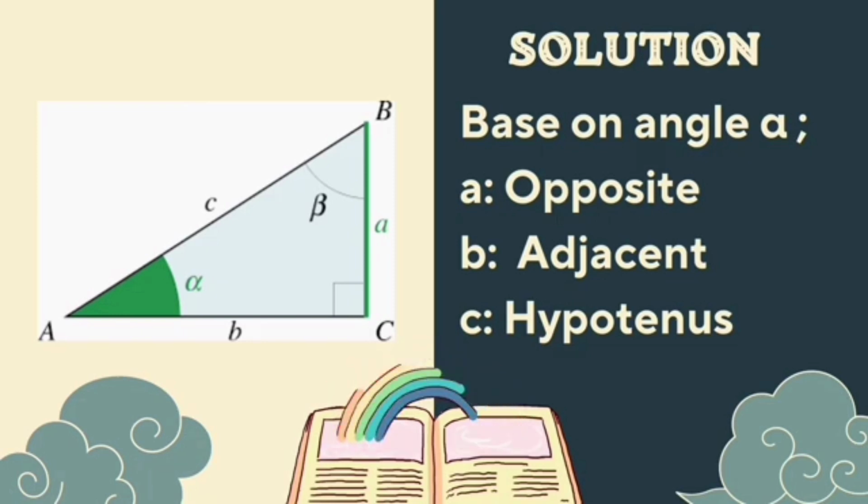Side C is the hypotenuse because it is opposite or facing the right angle at angle C. Lastly, side B is the adjacent side.